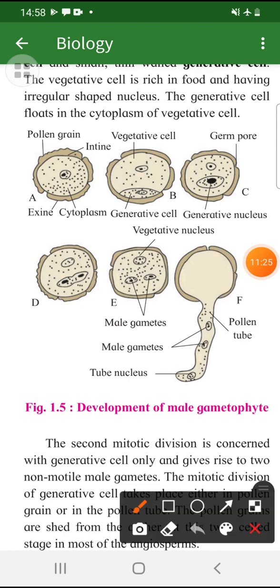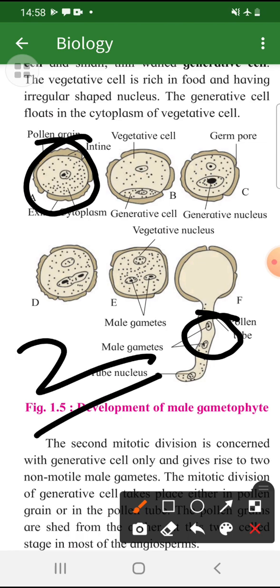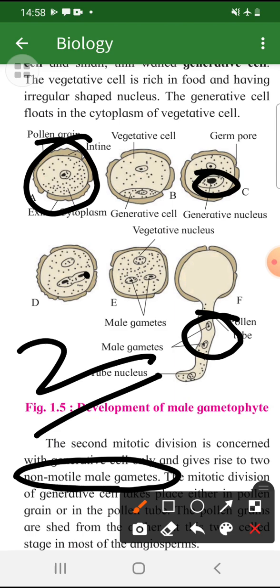Let's see one very common question which we always see. How many divisions occur for formation of two male gametes? So the answer is 2. First happens here in the microspore. Second happens inside the generative cell. Okay, that will give rise to two male gametes. They are non-motile male gametes.